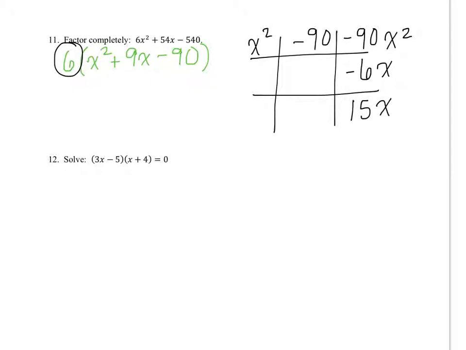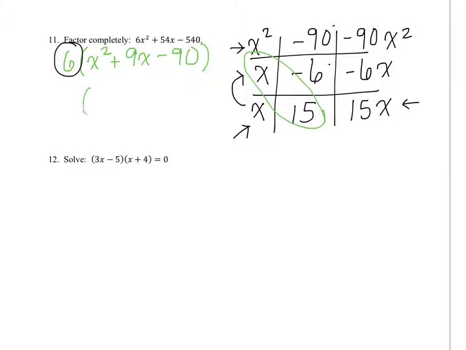We want to find the greatest common factor of x squared and 15x, which is just going to be x. So x times x is x squared. x times negative 6 is a negative 6x. x times 15 is a 15x. 15 times a negative 6 is a negative 90.